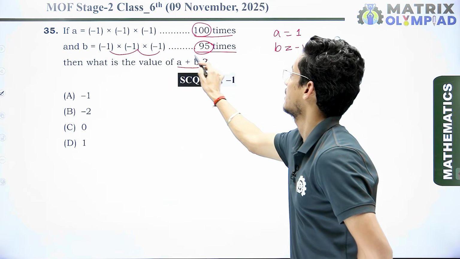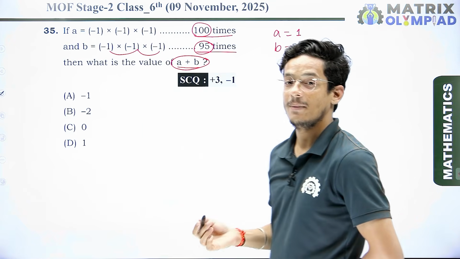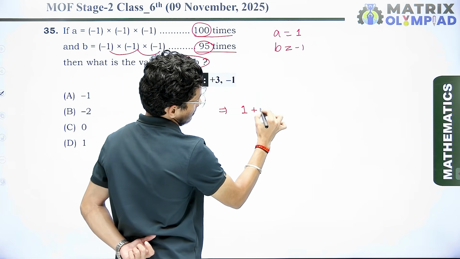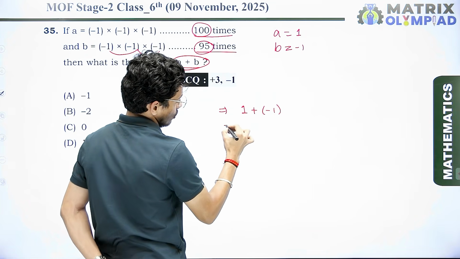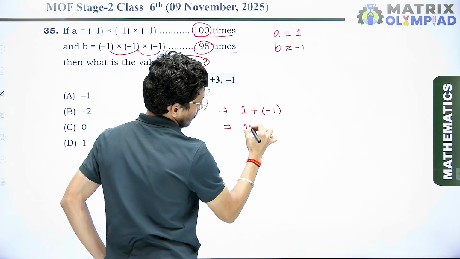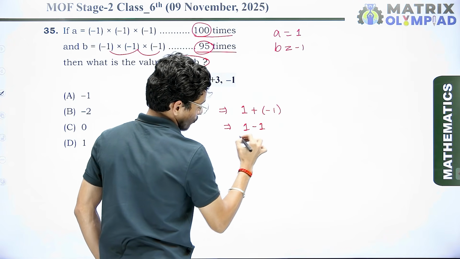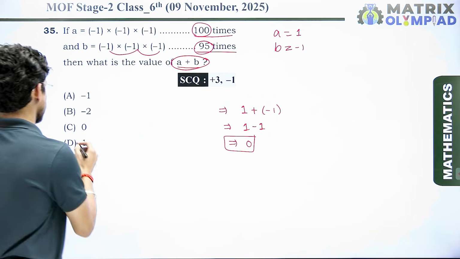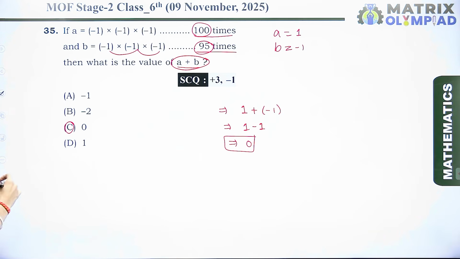For A plus B we have 1 plus bracket -1. So 1 minus 1, which is equal to 0. It means option number C is the correct answer over here.